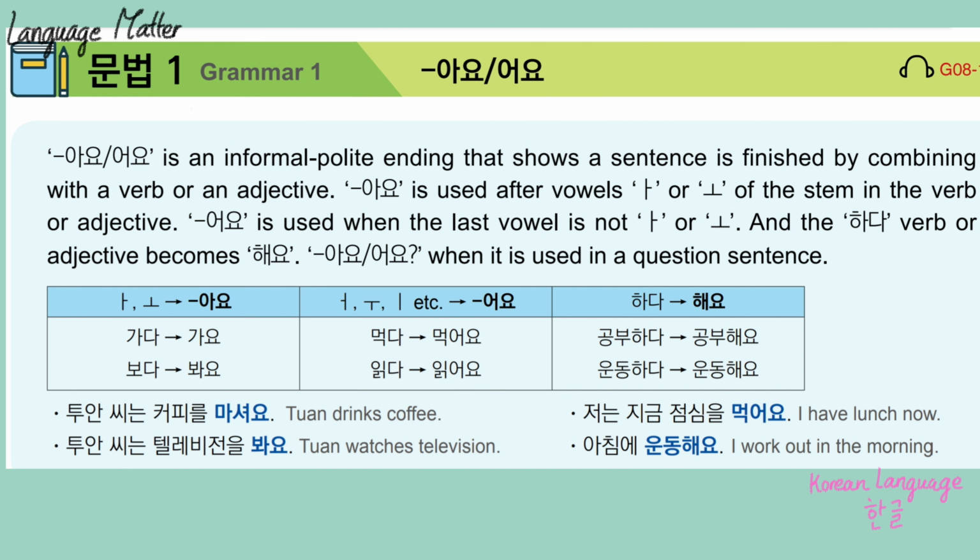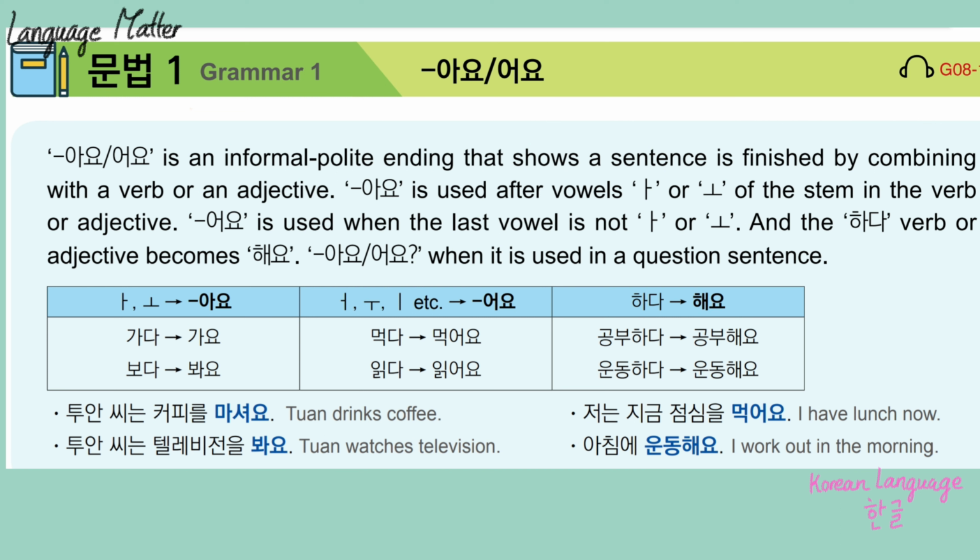Lesson 8, Grammar 1. So far, we looked at using the be verb with 입니다, 입니까, and 이에요, 예요, and also subject markers 이 and 가. Now we're going to get a lot more general and basic. The next thing we'll learn is the verb ending, which is used with lots of common base verbs.